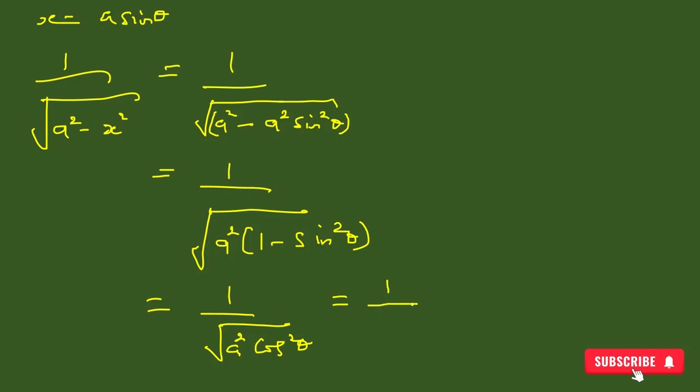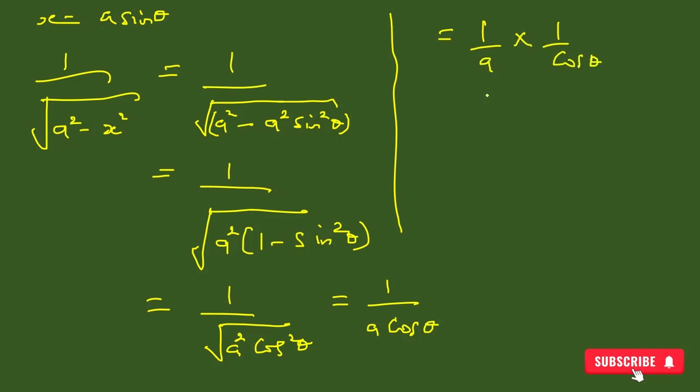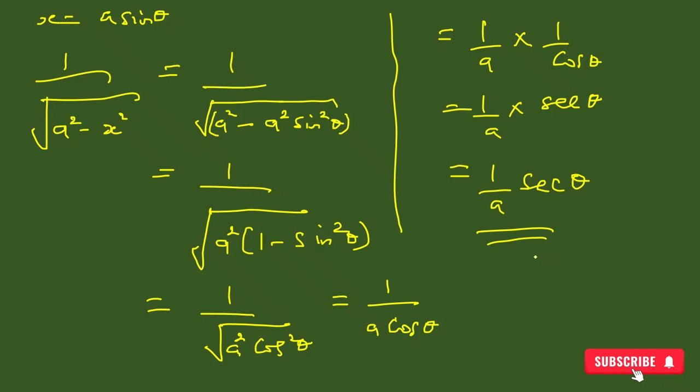So when we simplify, this is 1 over a, like the root goes with the square, the two squares actually. So we remain with a cos theta. Writing it in a nicer way, it is 1 over a times 1 over cos theta. We know 1 over cos theta as sec theta. So this is 1 over a sec theta. Simplified.